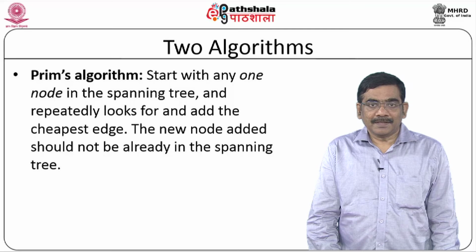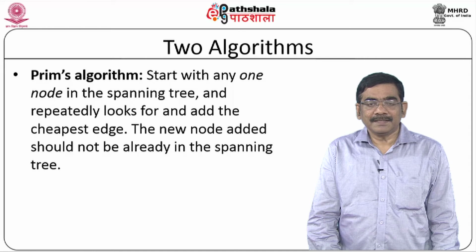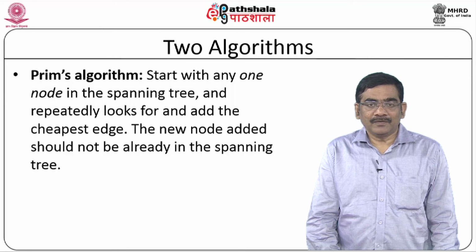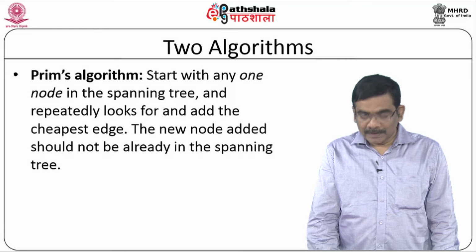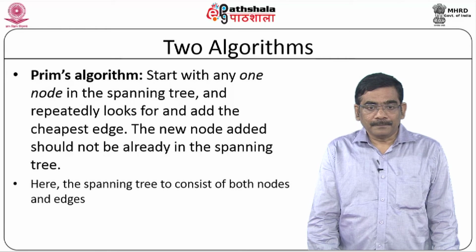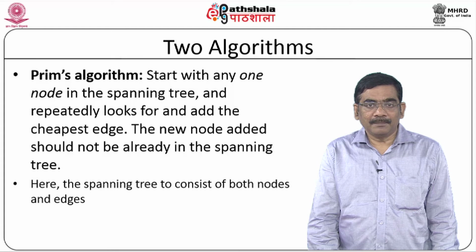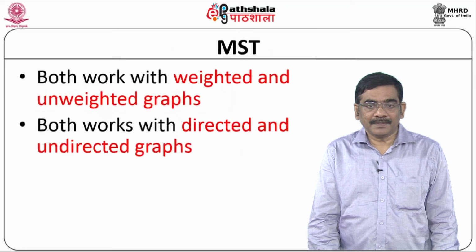So, that means the node that does not belong to the same subset where the source vertex is present. If any such nodes are there, then we are adding that. So, in this algorithm we not only look for the edges, but also the nodes. That means both nodes and edges are the important criteria for Prim's algorithm.